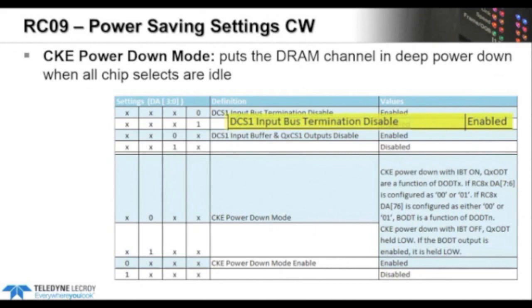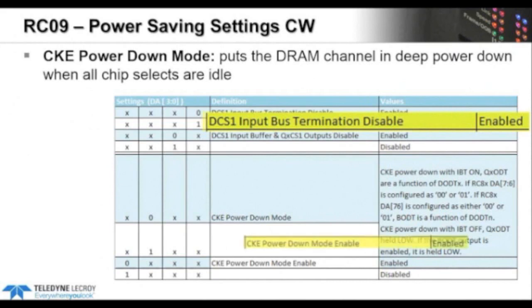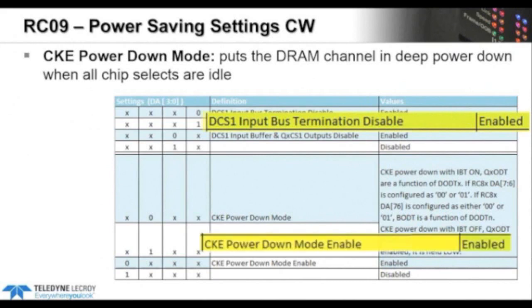This is similar to ODT, only for the register. So the IBT resistors are actually integrated on the RCD, and they help reduce stub reflections. There's something called CK8 power down mode, which lets the register put the DRAM channel in power down when all the chip selects are idle. Okay, so a lot of controls for the RCW, similar controls for the buffer chips.